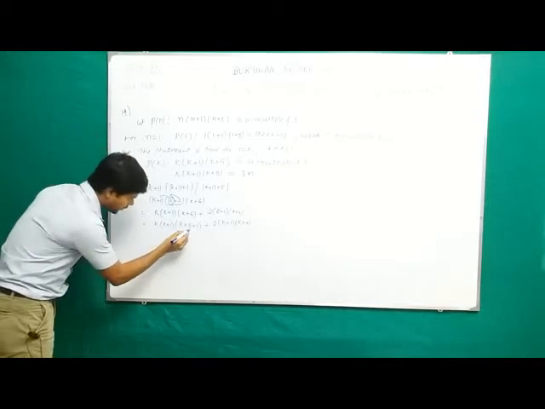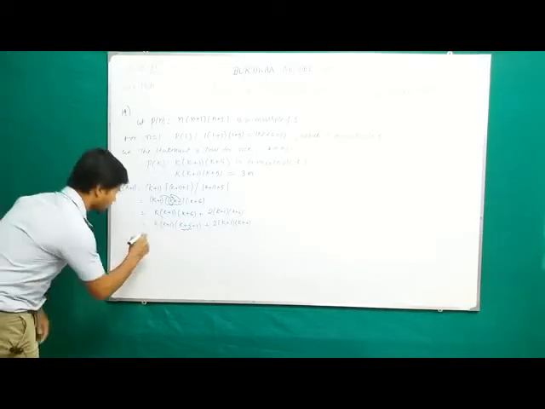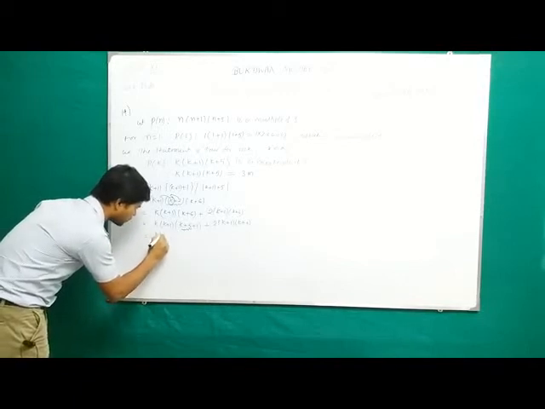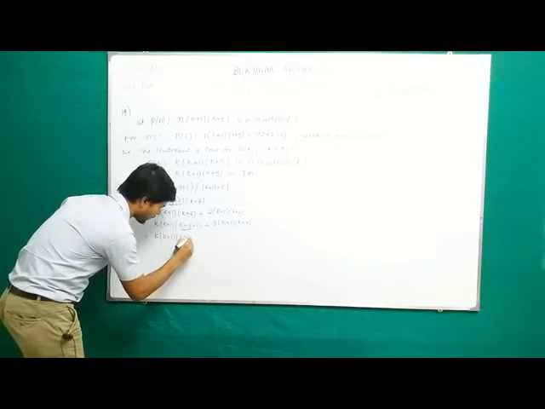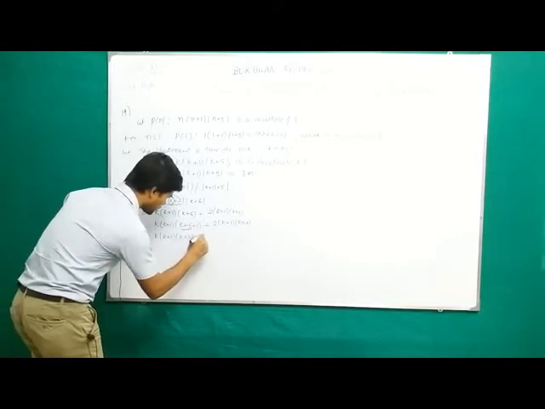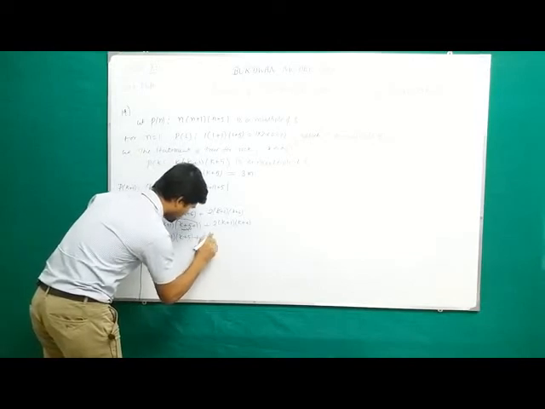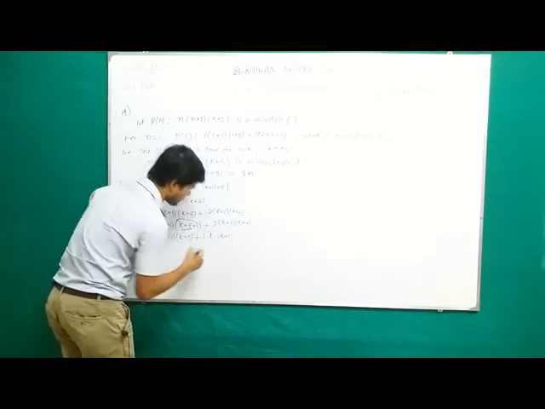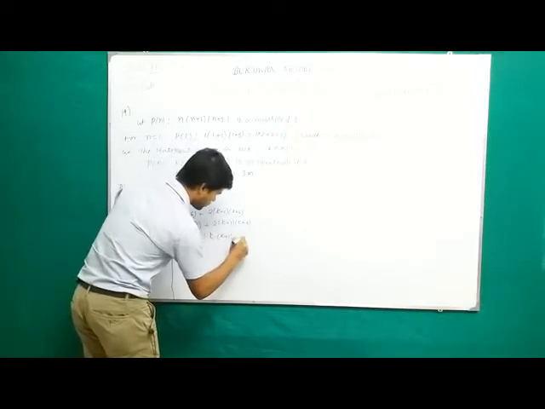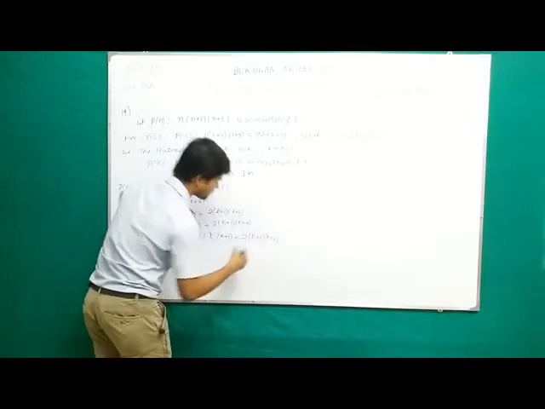Now considering k plus 5 as one term, we can write k into k plus 1 into k plus 5, plus 1 into k into k plus 1, plus the last term 2 into k plus 1 into k plus 6.